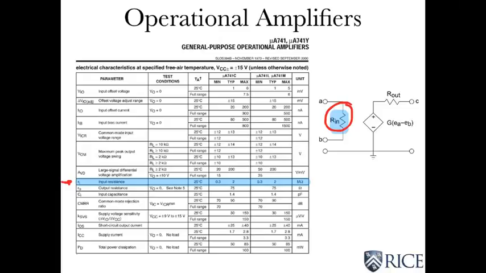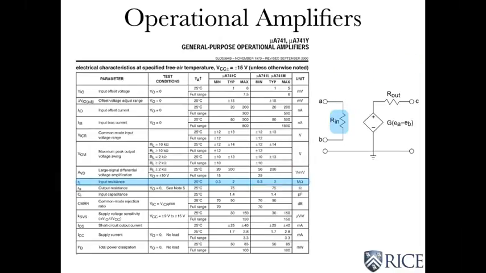The specification sheet says that the typical value is 2 megohms. It could be as small as 0.3, and the maximum could be bigger. But the point is that this is big. That resistor is in the megohm range, more or less, and that turns out to be a good thing, as we'll see.